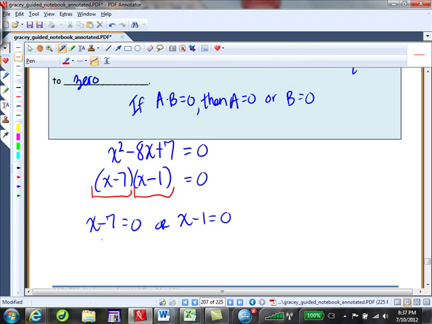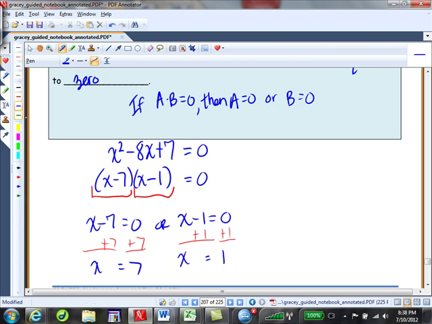So if you solve, adding 7 to both sides, which I think we did already, you get x is 7. And then in the second one, you'd need to add 1 to both sides. So make sure your skills are good with solving linear equations in one variable. And you get x is 1.